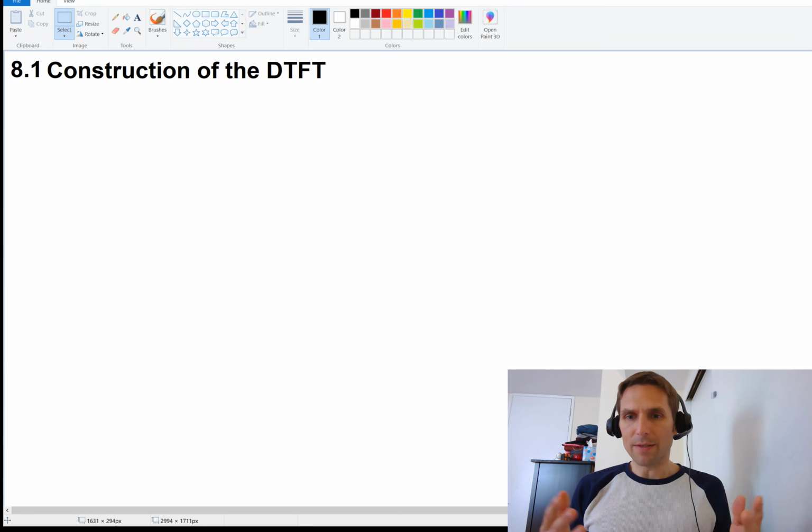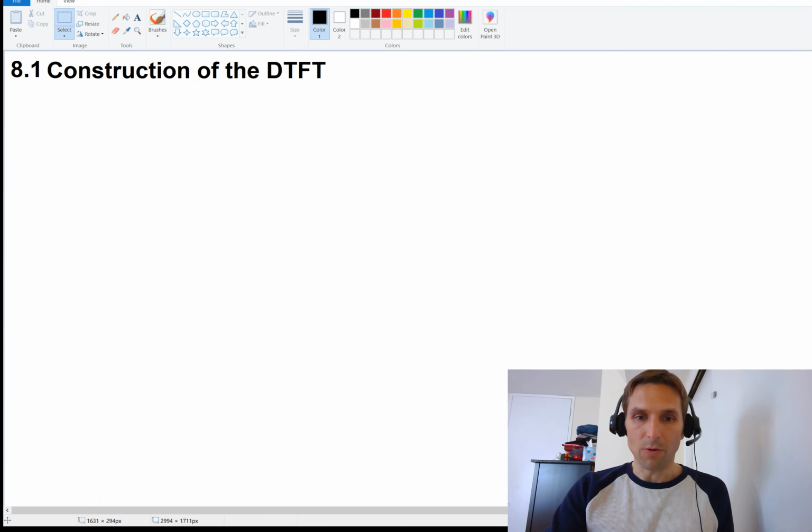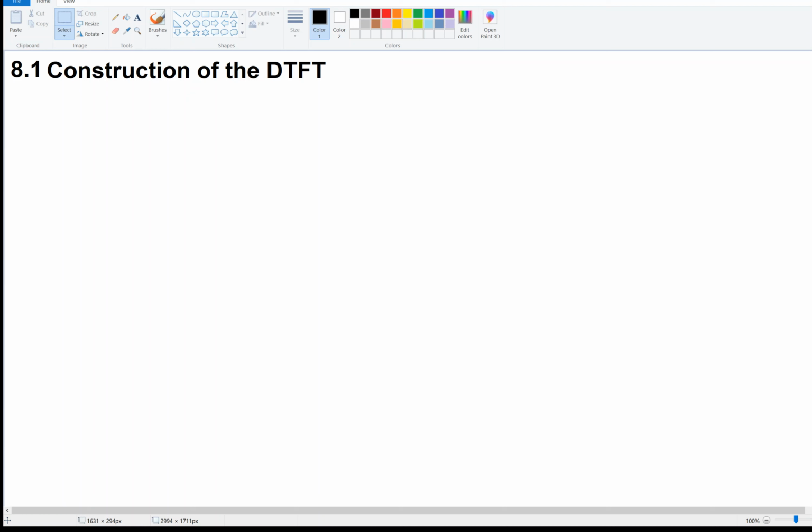So I view these things as being equally important, the DTFT and the CTFT, but we're not going to cover the same details. Instead, we're going to focus our time on the subtleties that make the DTFT a little bit different than the CTFT. So let us start our journey through the DTFT.